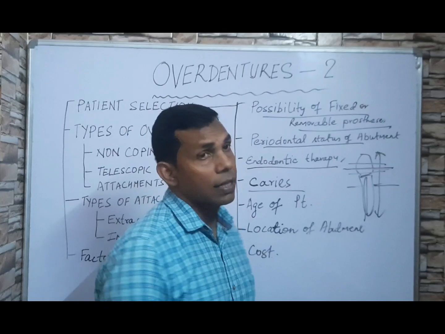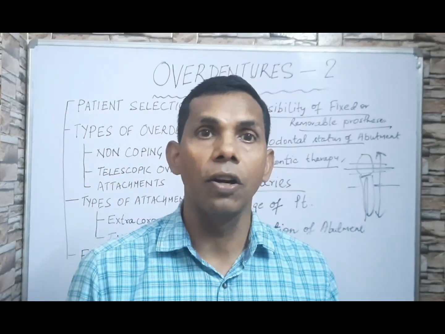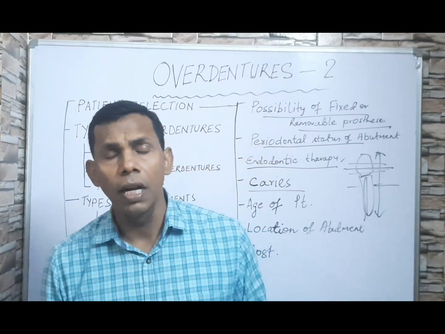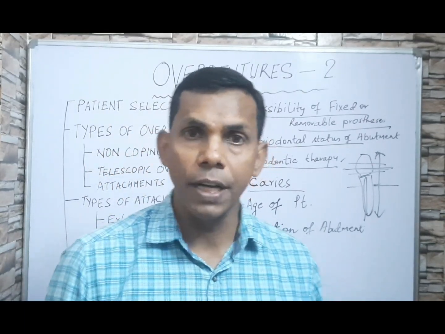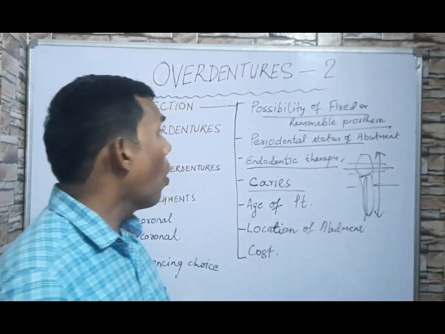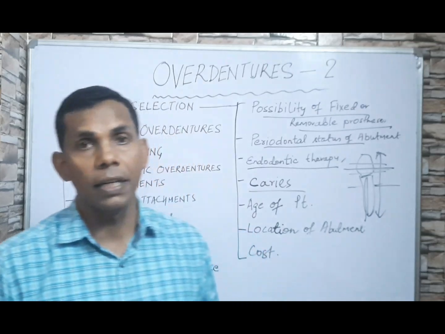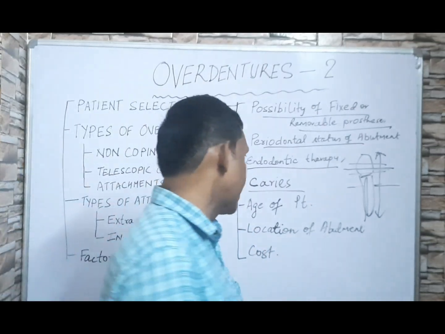So in order to protect the remaining teeth from caries, you can do some kind of fluoride treatment like APF treatment, acidulated phosphate fluoride. You can apply it on the remaining tooth portion, or you can use 2% stannous fluoride. That will definitely protect the teeth from further caries.